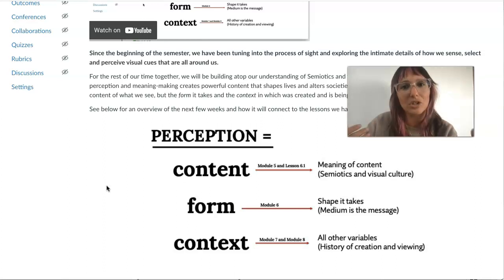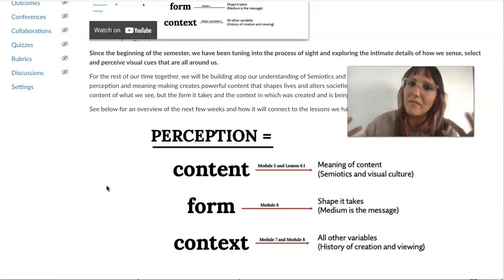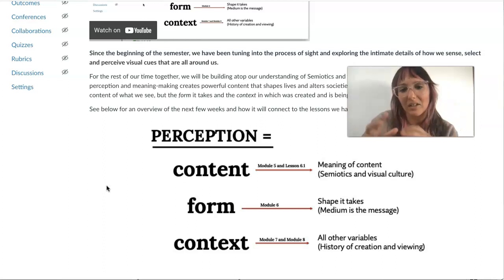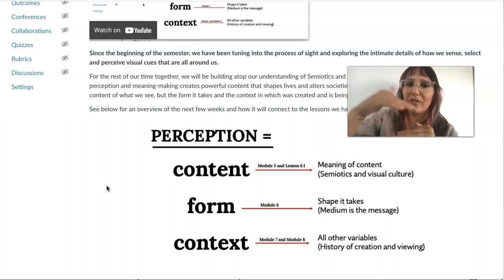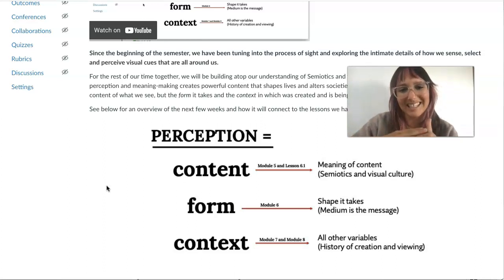And you're going to be doing this through your visual media consumption, because especially now, in the last year, so much of the signs and meaning making that we consume is done through visual media, which is what you're consuming right now. So we're talking about the content still a little bit this week, but we're also bringing in another factor. We're talking about the form that this content takes.